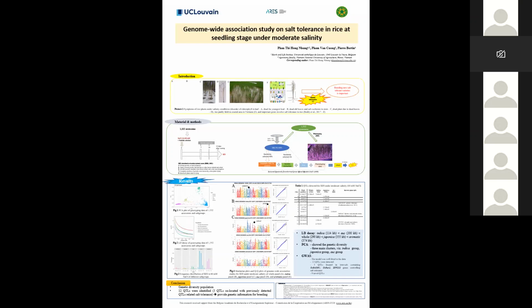Indica rice has the smallest LD decay, which means the size of the QTL is the smallest. And the third figure is the frequency distribution of SES score in moderate salinity, and here moderate we set with 60 millimole of sodium chloride.